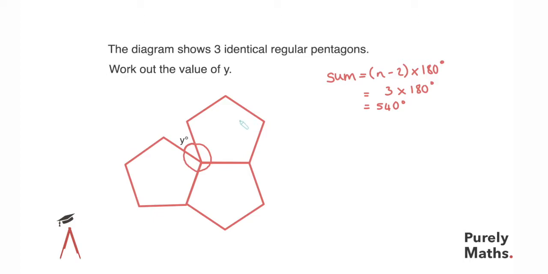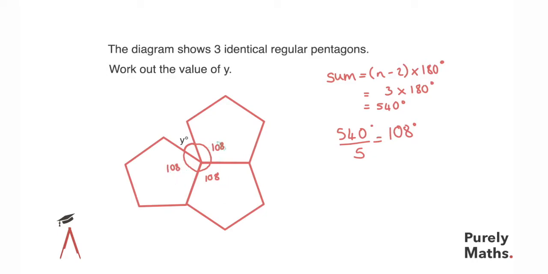Because it's regular, they're all the same size, means that this angle here is going to be 540 divided by 5, which is 108 degrees. So this angle here is 108. So is this one, because this is also a regular pentagon, and so is this one.